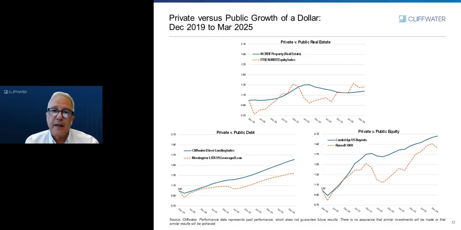So public, I show in the top graph, private versus public real estate. This is the return from December 2019, just pre-COVID, for private real estate, NCREIF, that's the solid blue, versus public real estate, measured by the NAREIT Equity Real Estate Index. And if you notice here, there's total confusion.